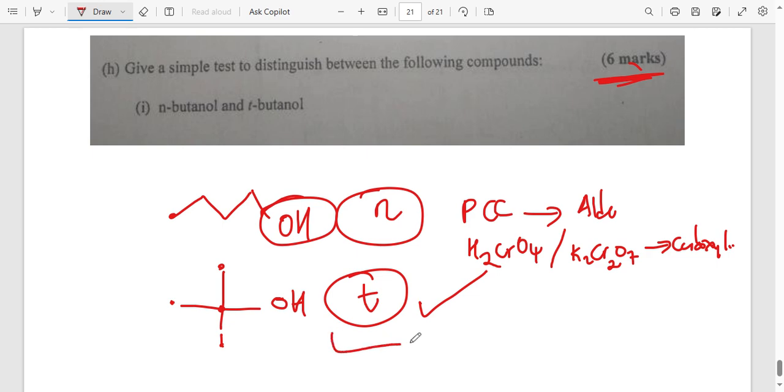But then tertiary alcohols do not undergo oxidation. So that is a very simple test. And you just explain like that, you get the marks. So that was the end of this paper.